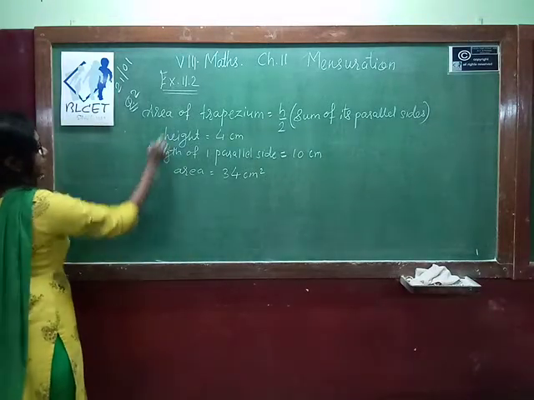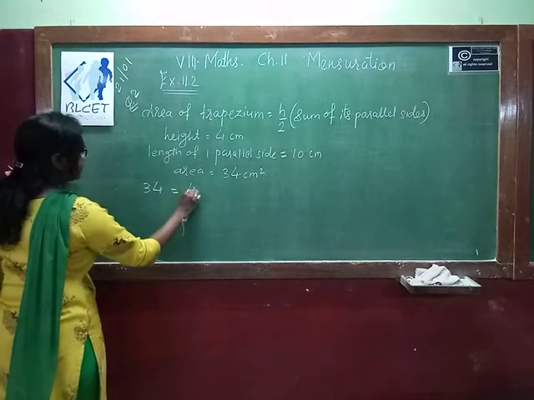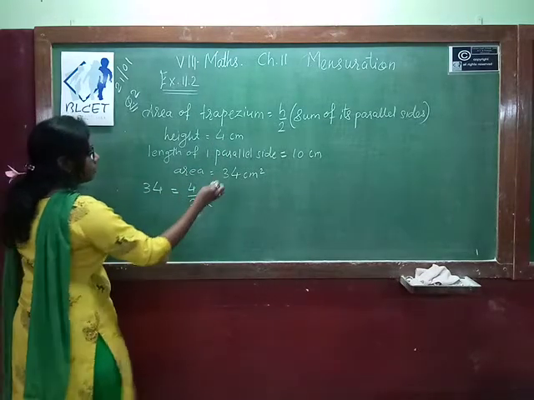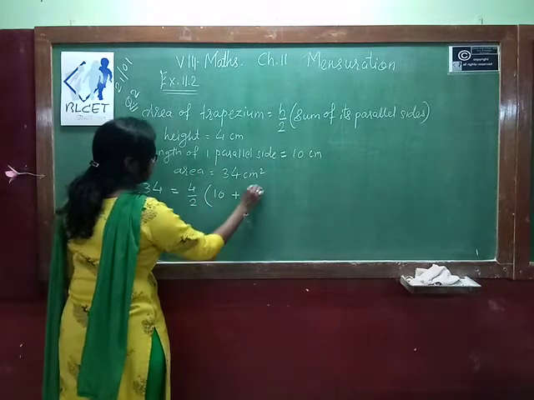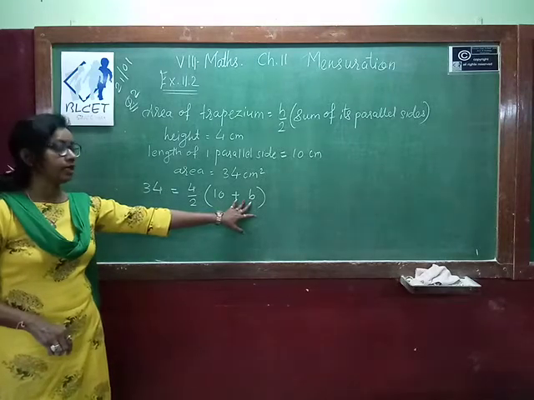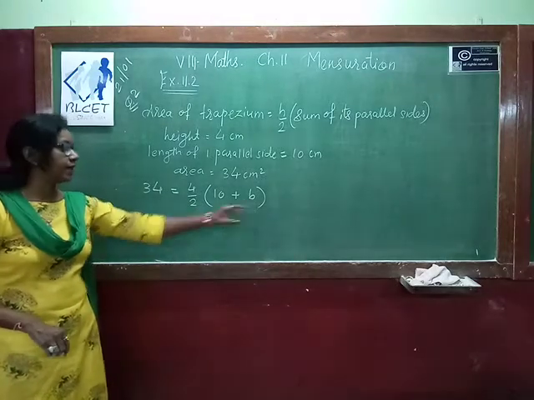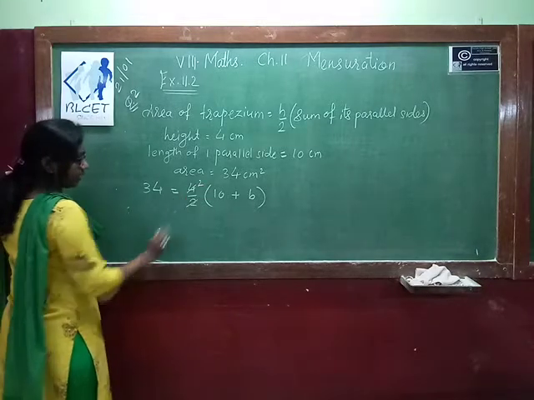So area, that is 34, is equal to height 4 centimeter divided by 2 into the sum, so one length is 10 centimeter, another, if you consider it B, is A plus B. So the length of the other parallel side is B, that we want to find. Therefore this 2 and the 4 will get cancelled.